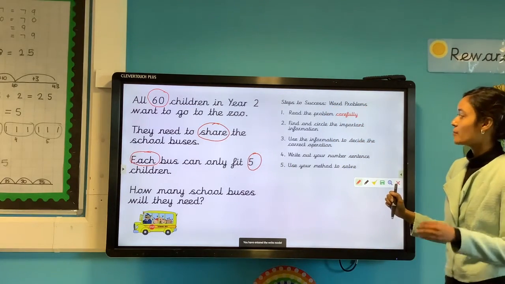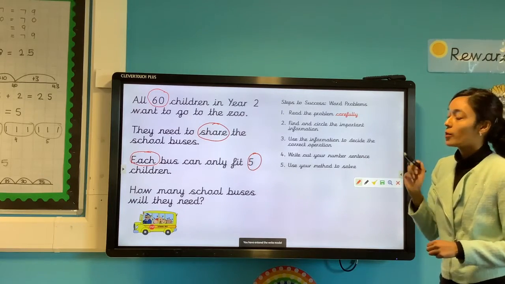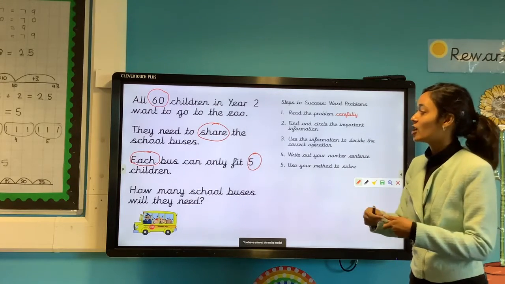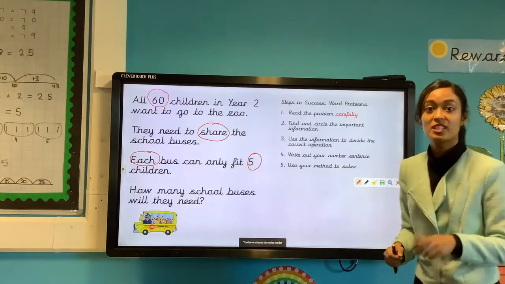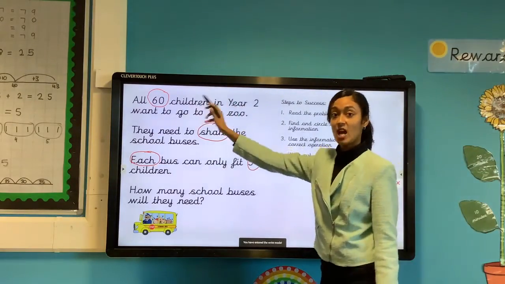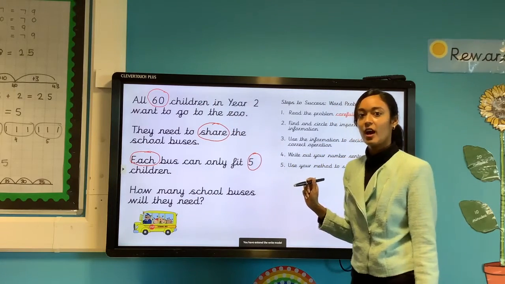Right, so step 3 then is using that information. What are we going to be doing? We're going to be multiplying or dividing if we're sharing equally. Amazing, we're going to be dividing. So let's write our number sentence. So we've got 60 divided by 5 because I can't do 5 divided by 60, okay?